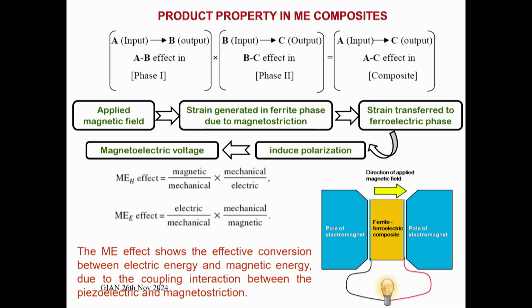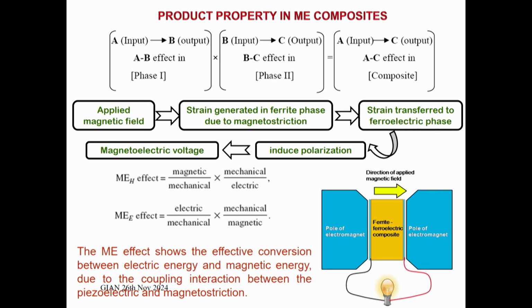From this figure you can get an idea of the ME effect. Here the external entity you are applying is the external magnetic field. If you apply the magnetic field, there is a change in the shape of the material, the material gets strained, and this acts as input to phase 2, and finally you get the electric output.